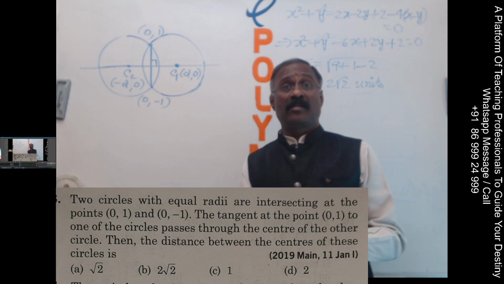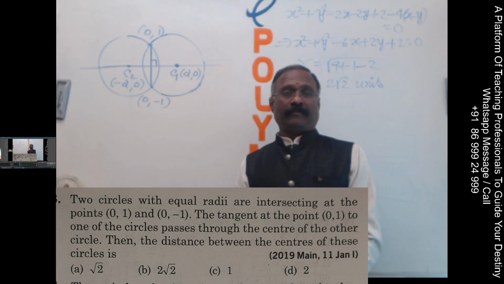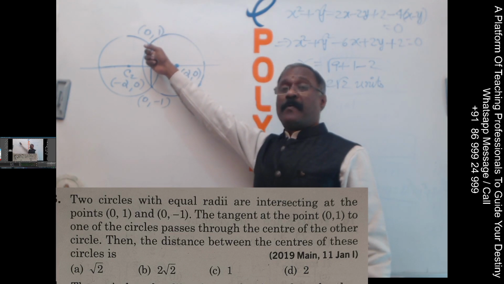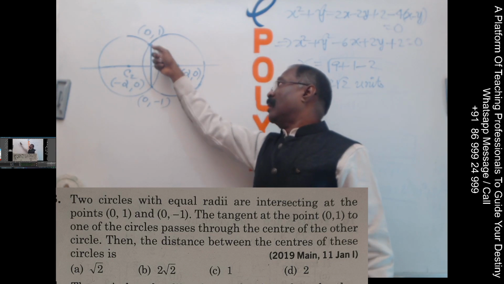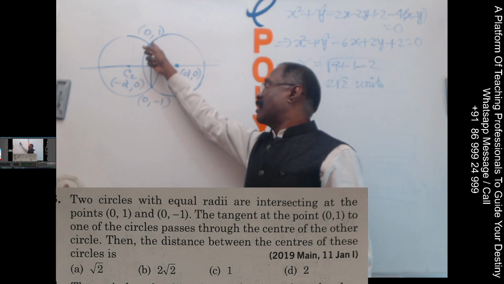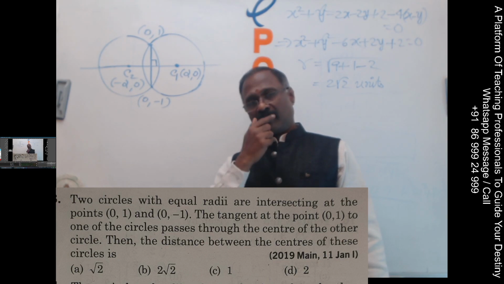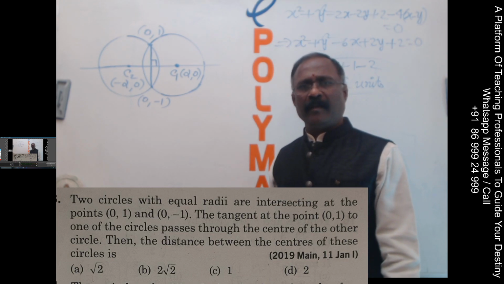Because the size of the circles is same. And also given that the tangent drawn at one point passes through the center of the other. If you draw the tangent here, it passes through the center of the second circle. What does it mean? Indirectly, it is given that they are intersecting orthogonally.